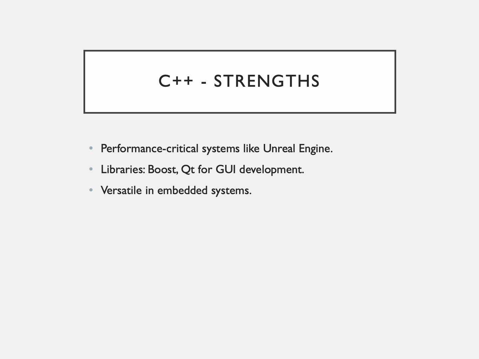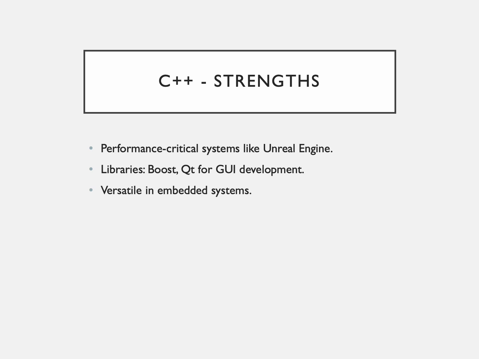Second is libraries for graphical user interface development. C++ offers a robust set of libraries that extend its functionality. Some examples are Boost, a collection of libraries that support tasks like multi-threading, data structures, and algorithm implementations.